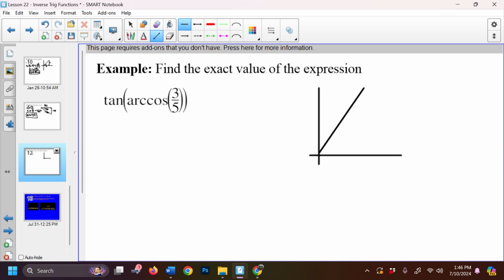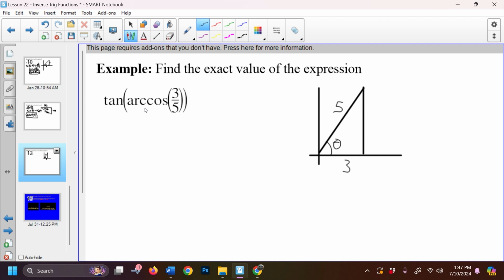So if I put in a little right triangle here, and I say that the adjacent side here is 3 and the hypotenuse is 5, then the arc cosine of 3 over 5 will return this angle. I really don't care what that angle is because I'm about to be taking the tangent of that angle.